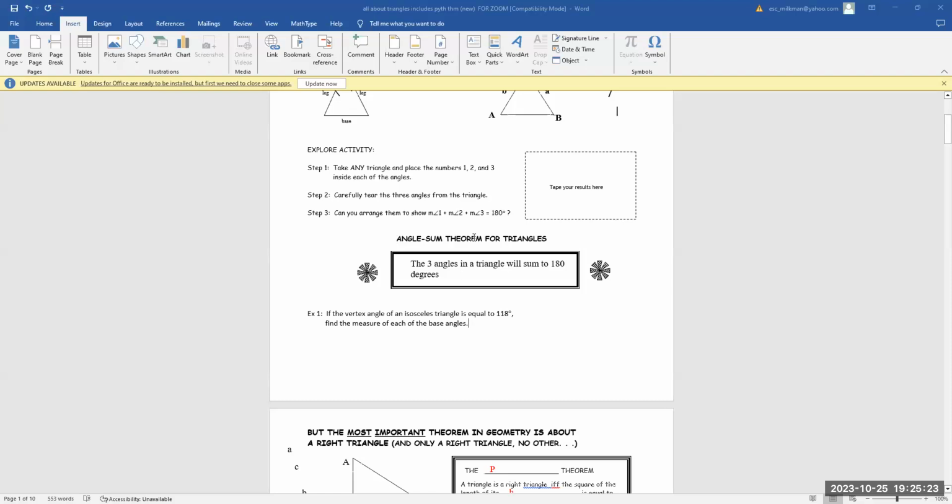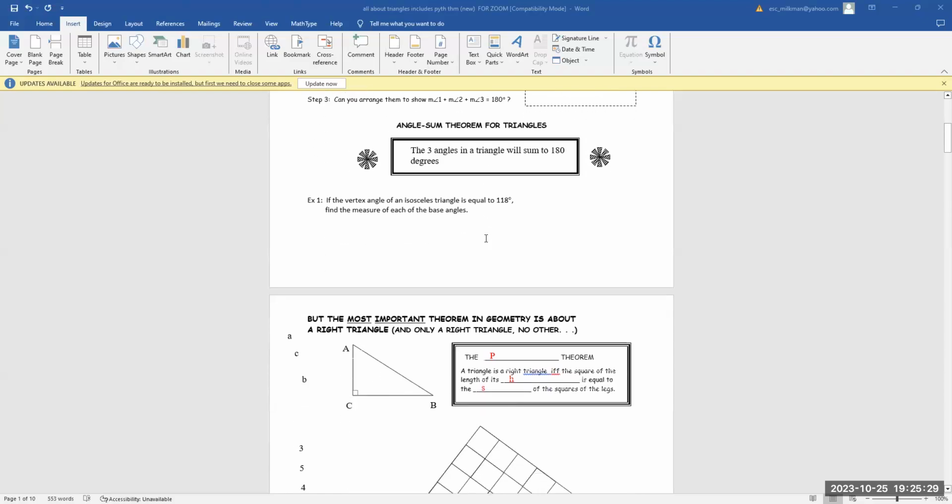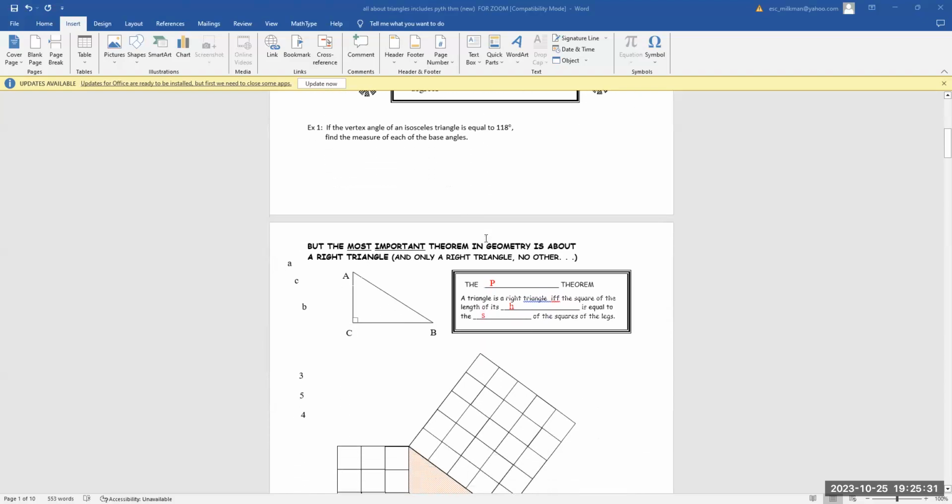So while this is a very important theorem from high school geometry, one of the most important theorems, in my opinion, is about a right triangle and only a right triangle, no other triangle. What I have drawn for you is a triangle, and I do not believe you have this labeled as triangle A, B, and C, but I've got my angle A located here.